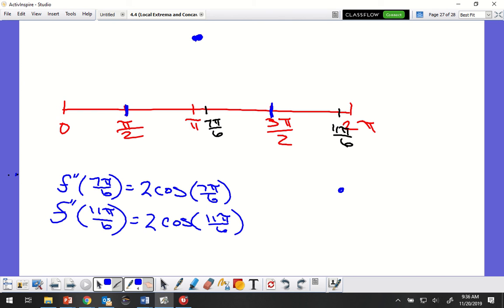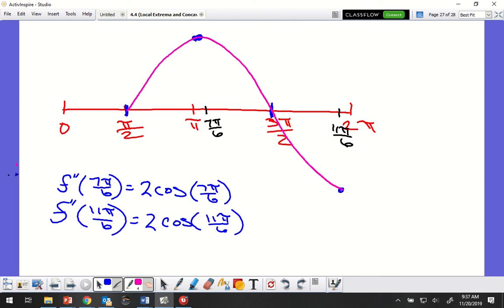So it should look like this. Over my interval, I know it's changing here. Let's do this one. So this is what my graph should look like.